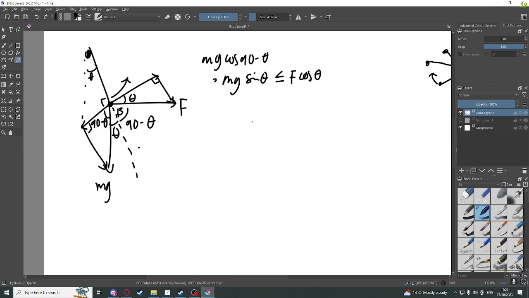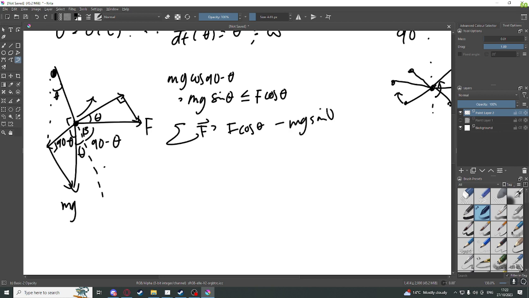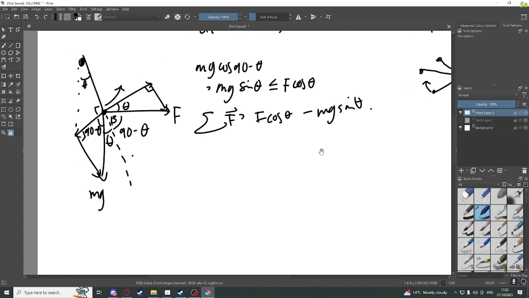And so my resultant force is equal to F cos theta minus mg sine of theta.